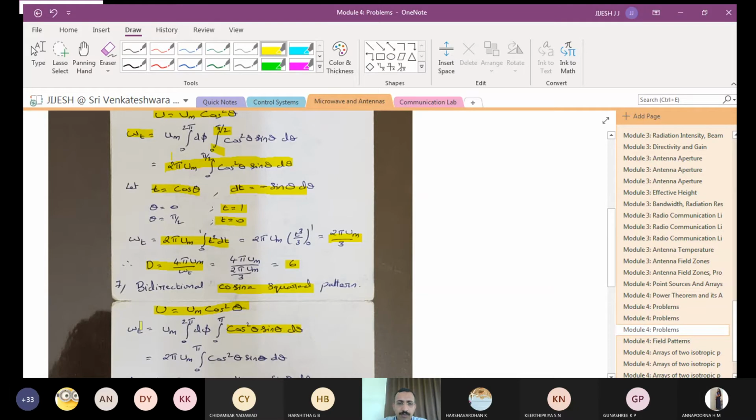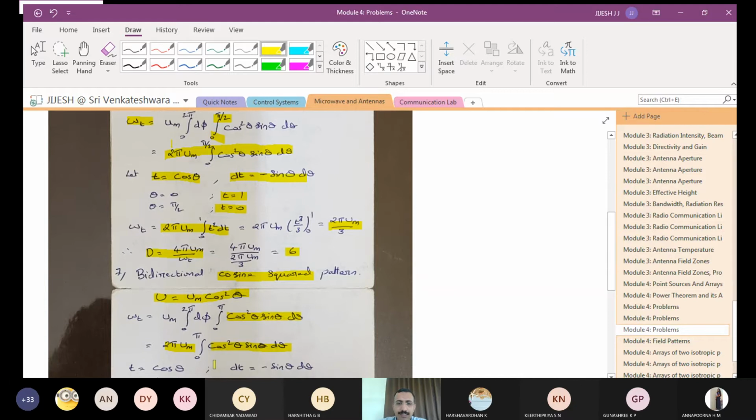So what you are going to get, Wt is cos square theta, integral of 0 to pi cos square theta sin theta d theta. I have taken 2 pi outside, and 0 to pi cos square theta sin theta d theta, so do the integration for that. t is equal to cos theta, dt is equal to minus sin theta d theta.